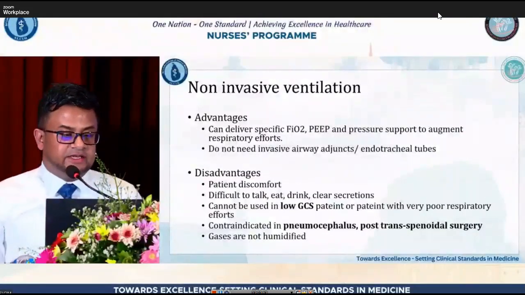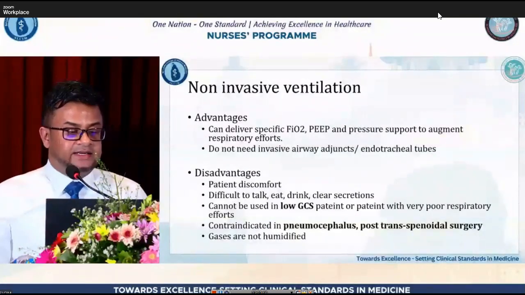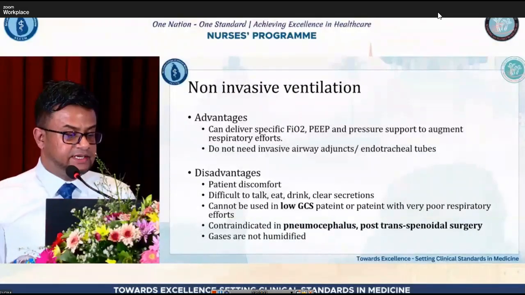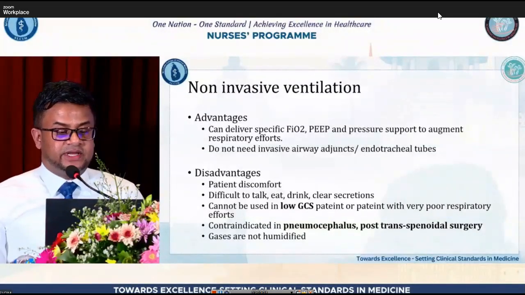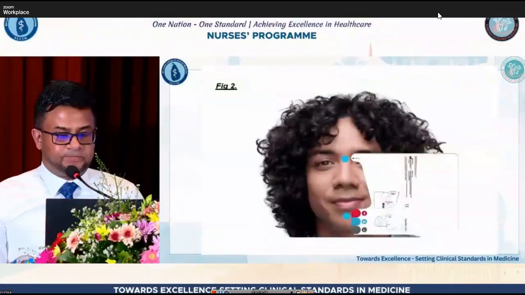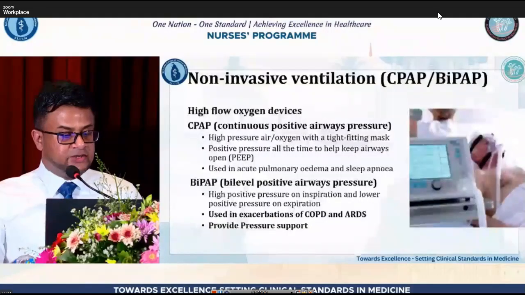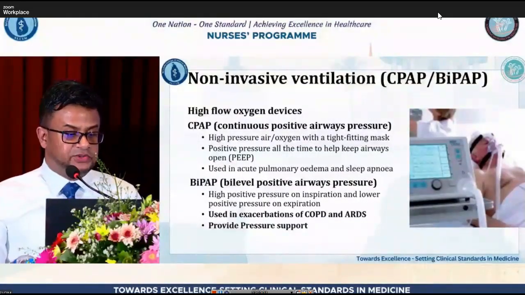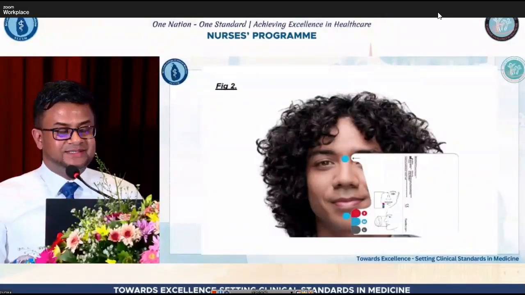A little bit about non-invasive ventilation. It can deliver specific FiO2 and a PEEP pressure support to augment the respiratory efforts. It does not need invasive airway adjuncts or endotracheal tubes. Right. So non-invasive ventilation, CPAP or BiPAP, as you know, those are high pressure devices.